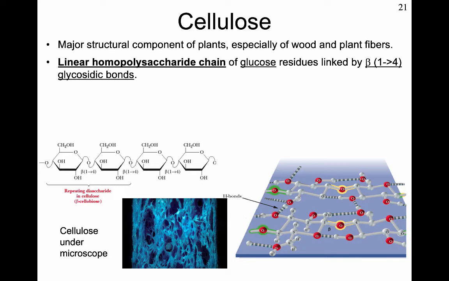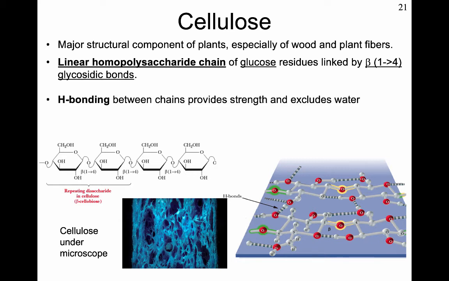However, what makes cellulose different from glycogen and starch is that it's a linear homopolysaccharide chain, and those glycosidic linkages are in the beta conformation. Remember that starch and glycogen had alpha linkages. However, for cellulose, it's beta 1,4 linkages.